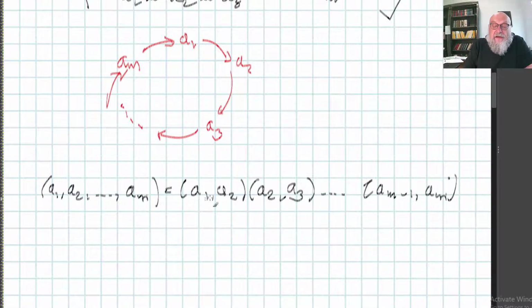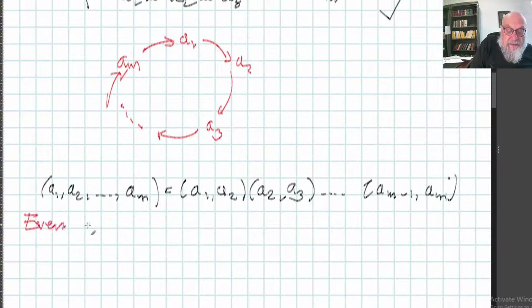If you apply it to A1, you're getting A1 moves to A2, and then A2 moves to A3, and so on, and AM moves to A(m-1), and A(m-1) moves to A(m-2), and so on, and moves back to A1. So that's this decomposition.